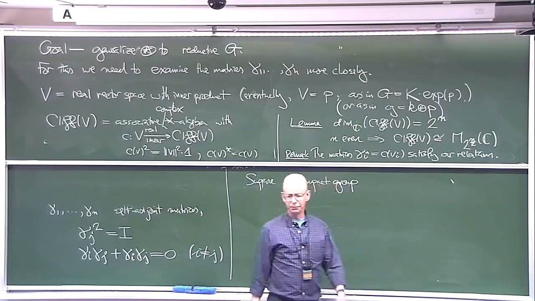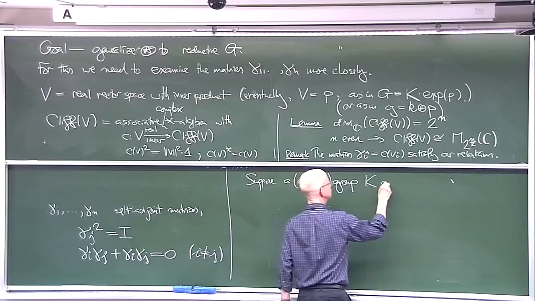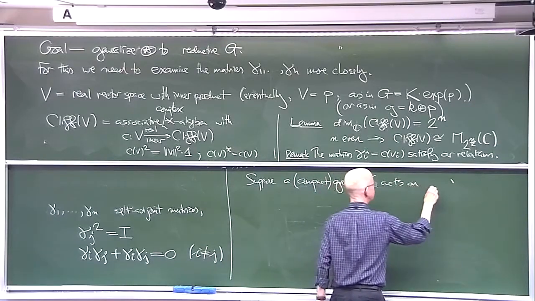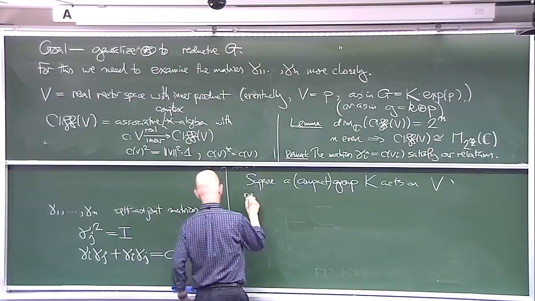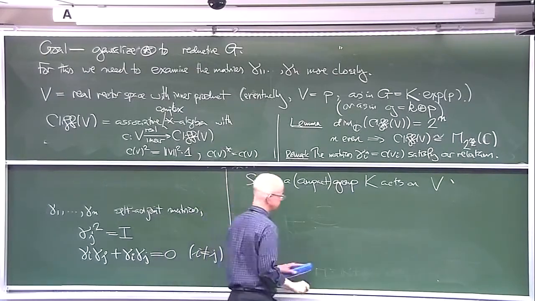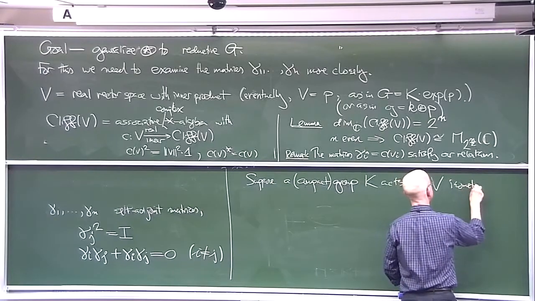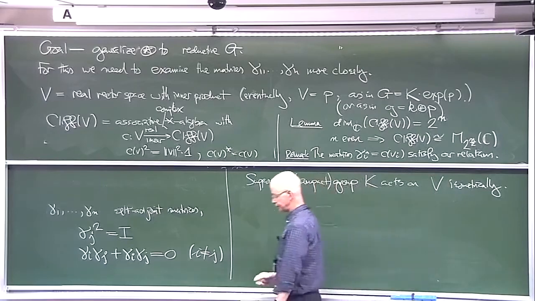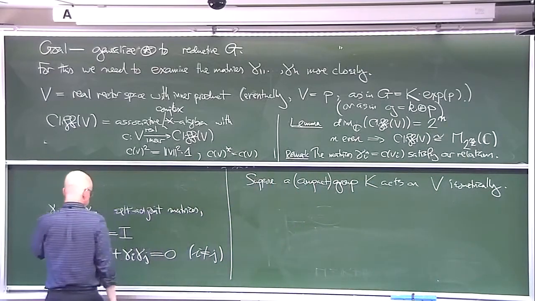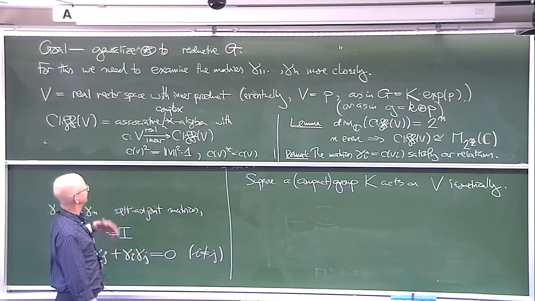Compactness is not really important, but to fix ideas, which is acting on this vector space V in such a way as to preserve, isometrically, the inner product. So, for example, the orthogonal group acts on R^n, the basic example.